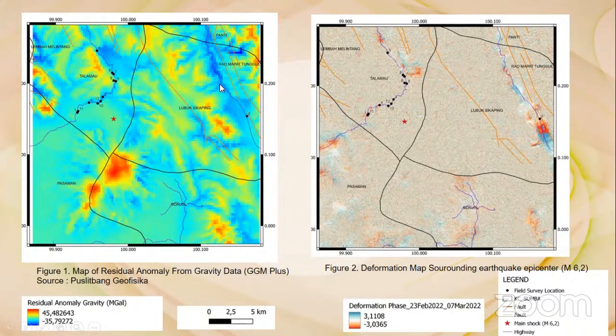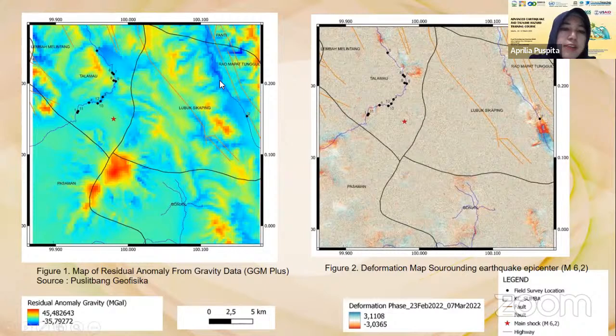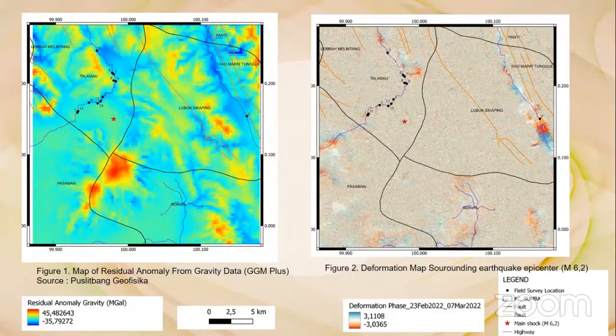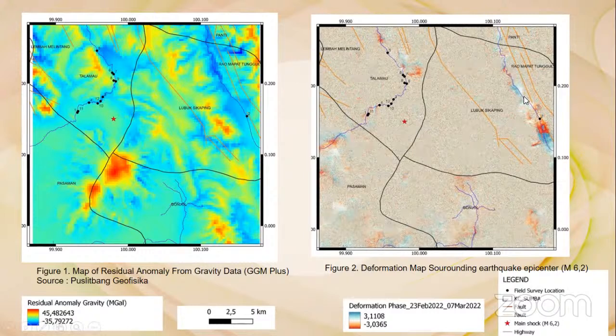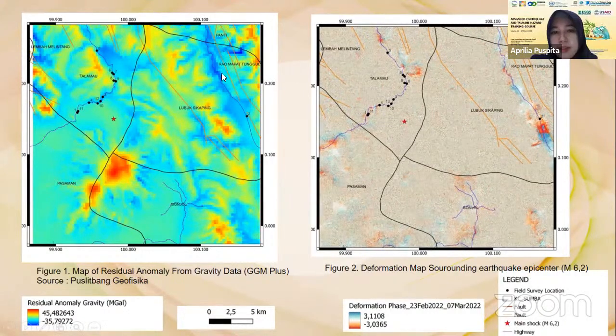And the blue ones here have a negative residual anomaly value, that is associated with a weaker soil structure, I think. We can see several survey areas are in areas that have a negative residual value. Some areas that experienced deformation are on negative values of the gravity anomaly.